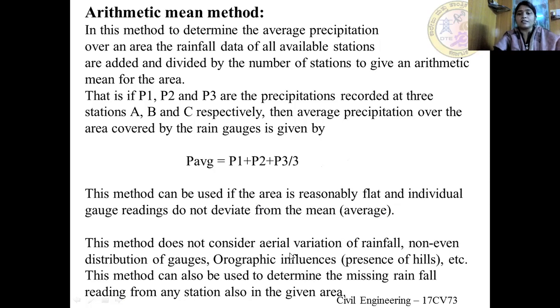This method does not consider areal variation of rainfall, non-even distribution of gauges, or orographic influences, that is, inundations or hilly areas or obstructions present in the area; then this method cannot be used. This method can also be used to determine the missing rainfall reading from any station in the given area.